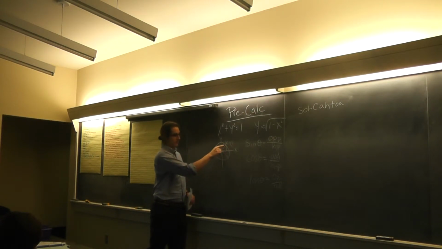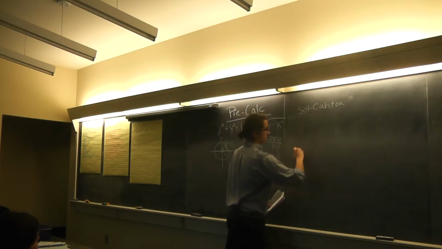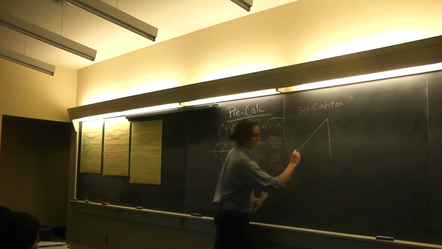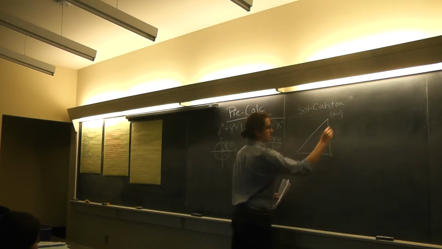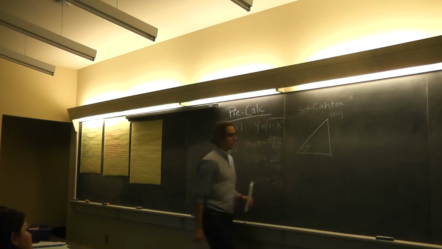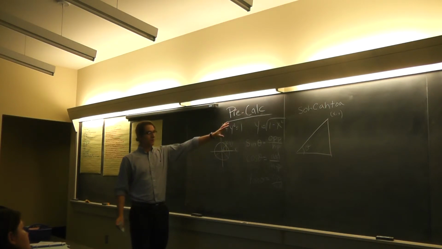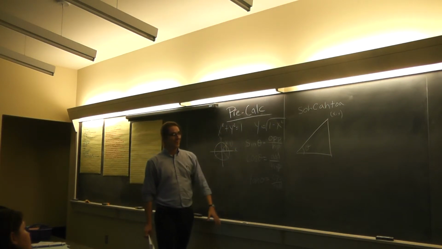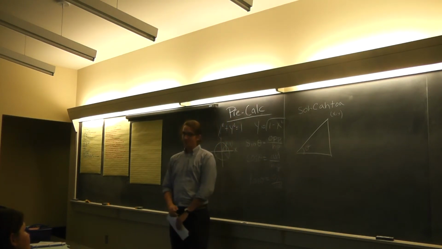So if I take this, as you can see, it forms a triangle with an angle theta. I'll redraw this triangle right here so you can see it better, where this is the point x, y, and this is that angle theta. Using the things that we know from before, can anybody tell me what the length of this side is?